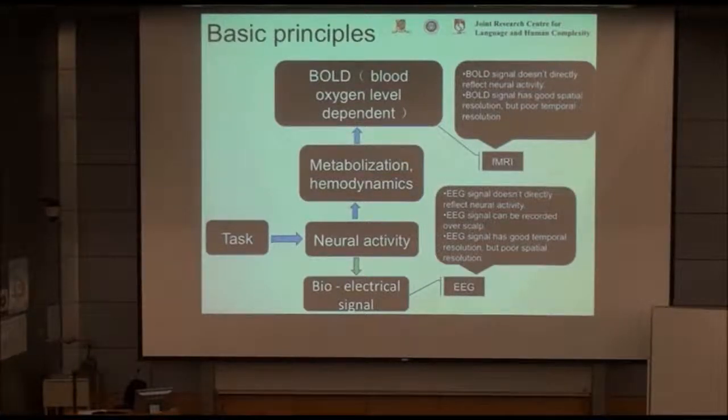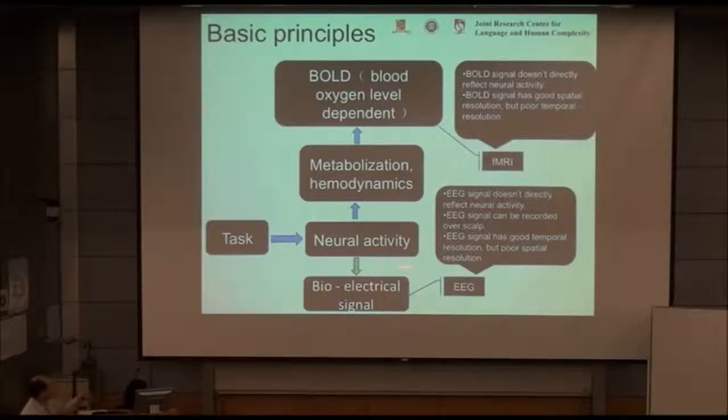And we know there are many neurons inside the brain, and when neurons fire, they also result in some bioelectric signals. With EEG, we can pick up such electric signals over the scalp. So these are the principles behind EEG. And what about MRI?